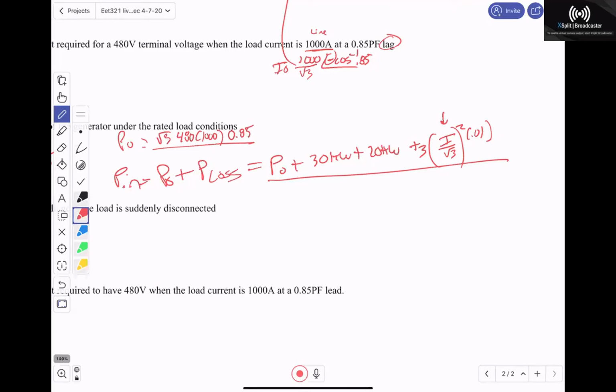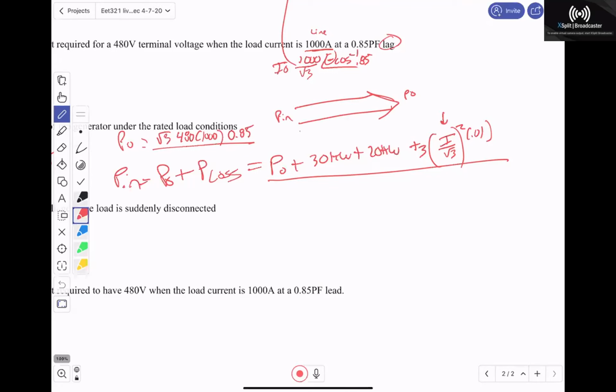Questions on that? Does that make sense when you draw it that way? If you get confused, you can always draw your P in and P out and start showing your losses. My P in is the mechanical power, so I've got to start taking out some mechanical losses because of the rotation.